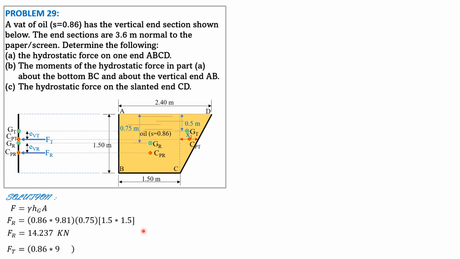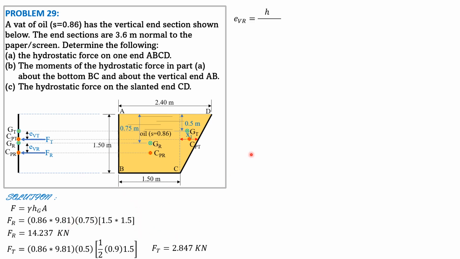F of triangle is equal to gamma, 0.86 times 9.81, times HG of triangle 0.5, area 1/2 of 0.9 by 1.5. So F of triangle is equal to 2.847 kilonewtons. We can now answer the first part, F on the end panel, FR plus FT.